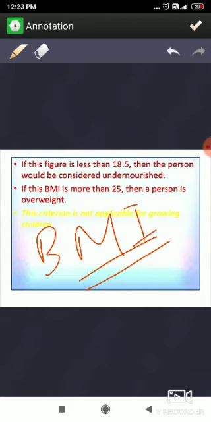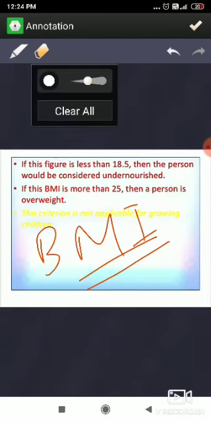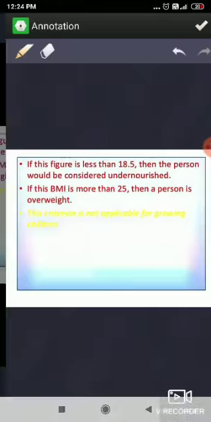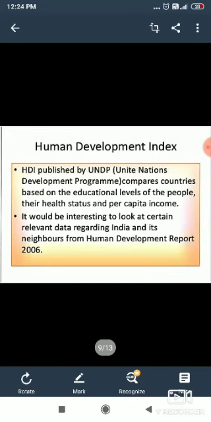If you get a value below 18.5, then the person is undernourished. If the value is more than 25, then the person is overweight. So BMI is calculated to find out whether a person is undernourished or overweight.